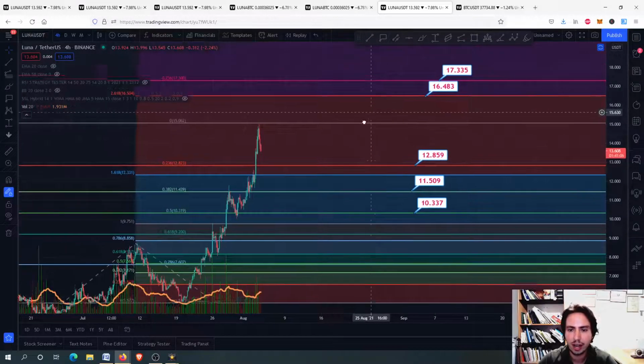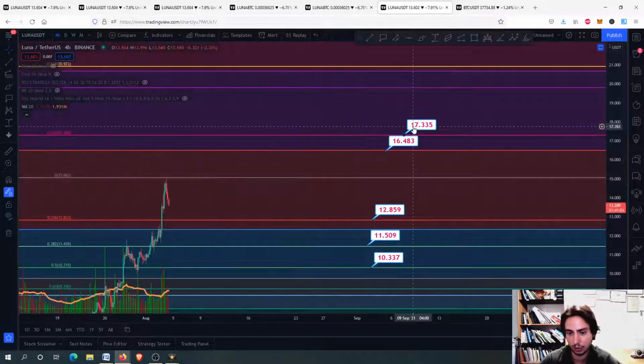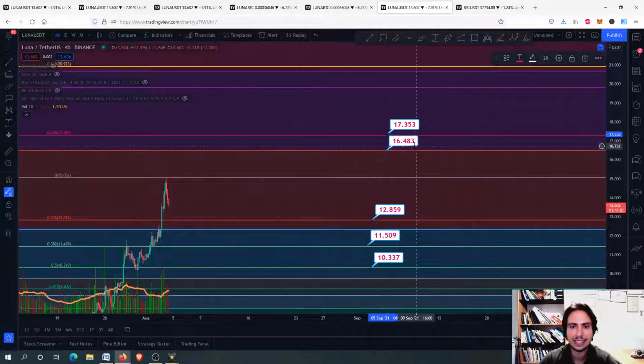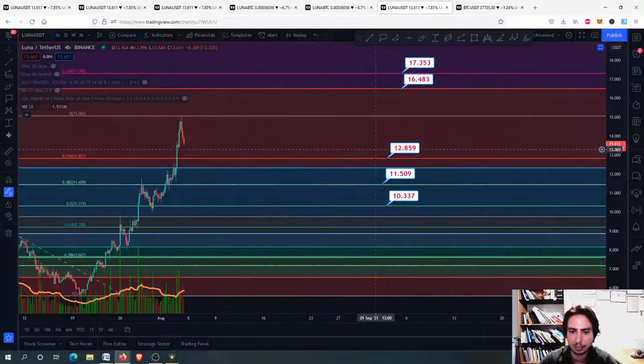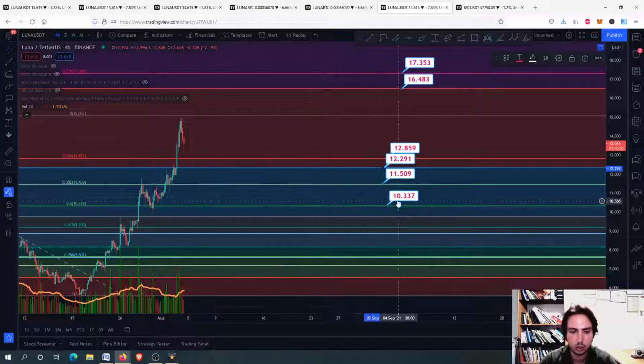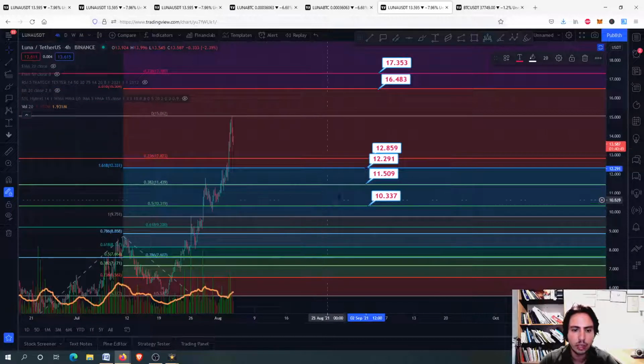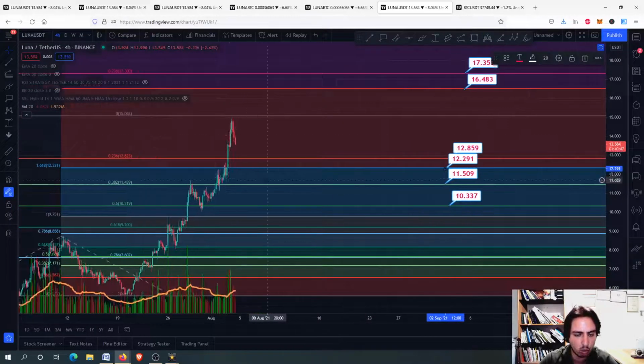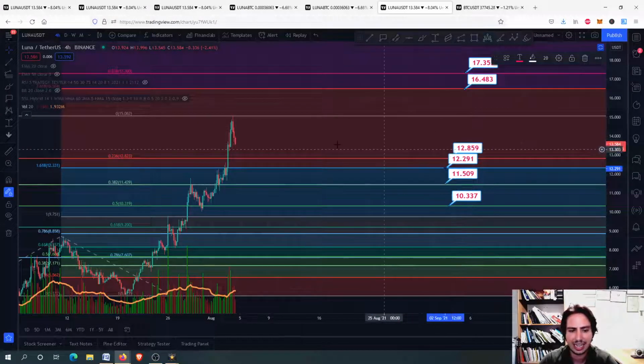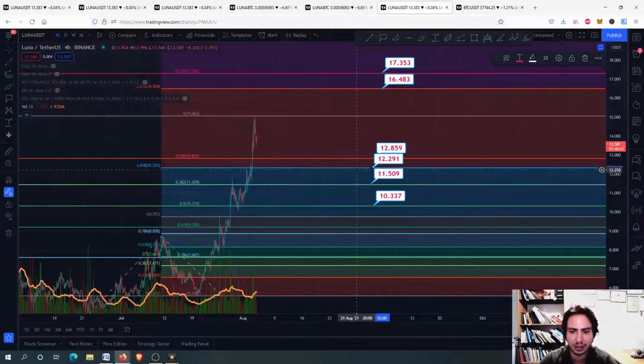Okay, so according to these tools, we found the 16.4, 17.3, and of course we had some support levels, 13, 11.5, we have one more at 12.3, and of course the 10.3. Okay, so we have these support levels in case we drop down, and these support levels, guys, even if we drop down around the 11.5 or 12.2, don't be scared. All right, do not be scared.